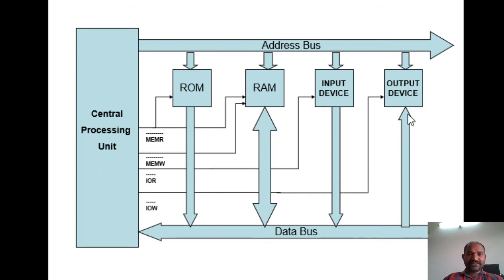From this diagram you can easily realize that the components in the microcomputer are connected to the central processing unit using the address bus, data bus, as well as the control signals.